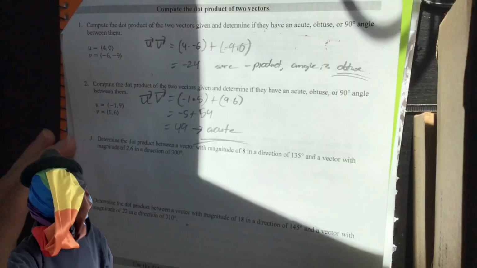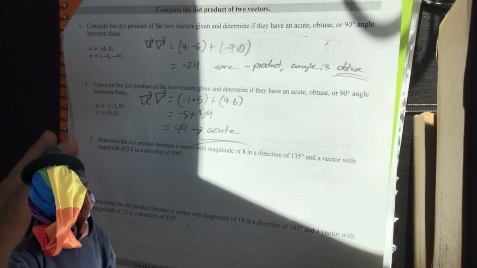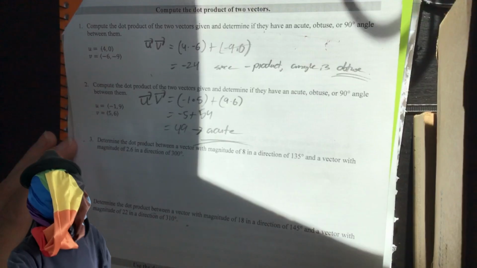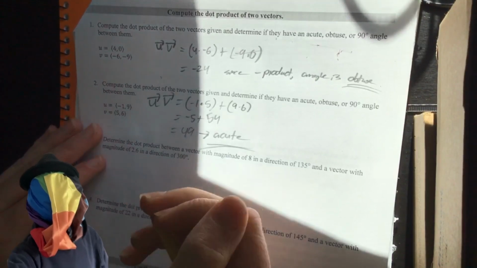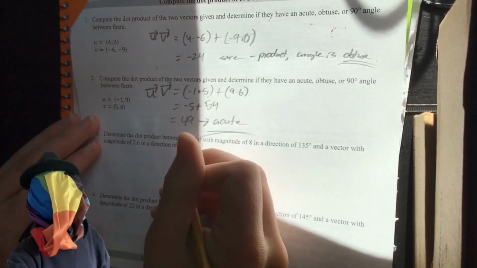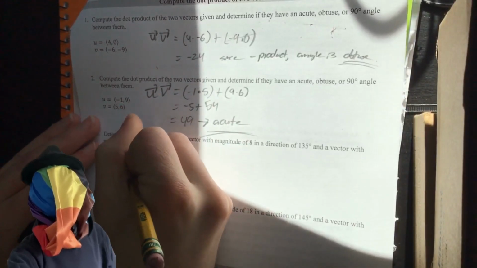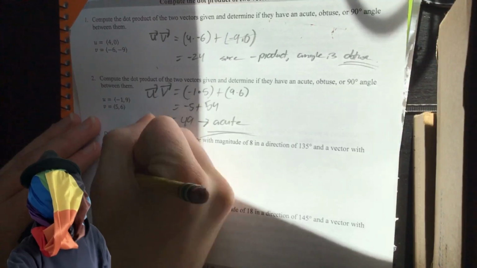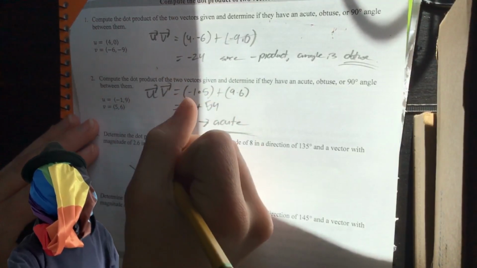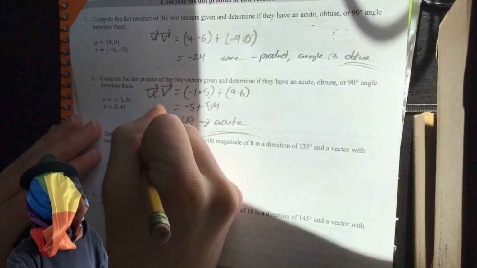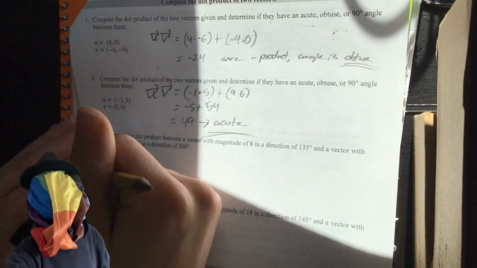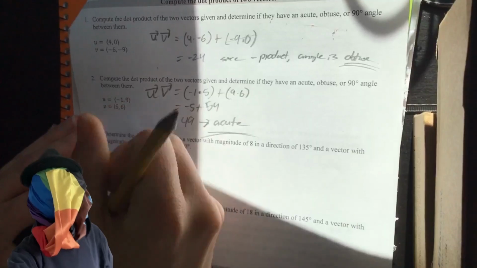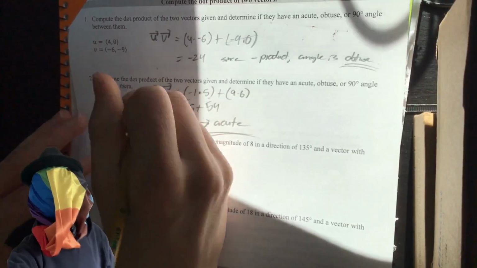Okay, so now determine the dot product between a vector of magnitude 8 in a direction of. So since we have two dot products with directions, this one is going to be direction 300, and this one is going to be direction 135, which is more like over here.